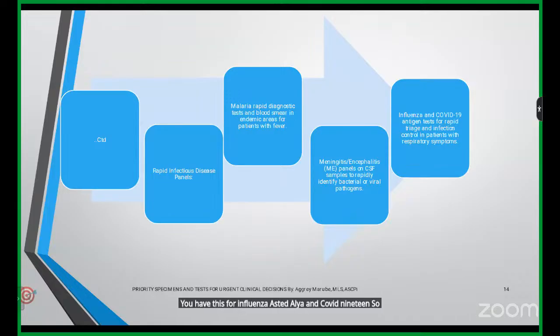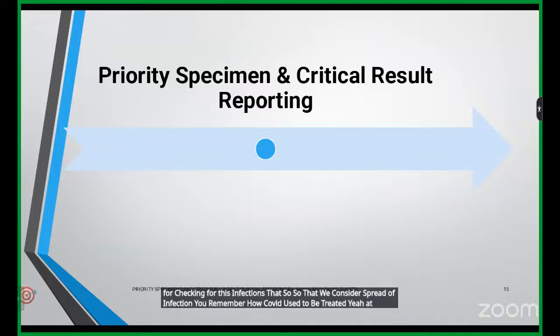So there are rapid tests for checking for these infections, so that we control the spread of infections. You remember how COVID used to be treated? Yeah. So we are going to look at priority specimens and critical results reporting.